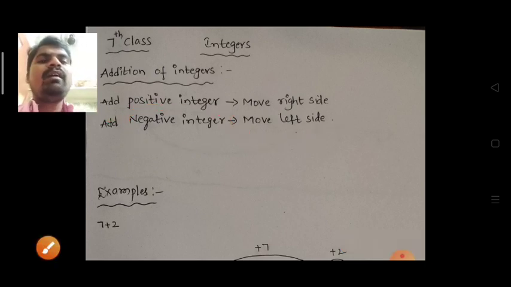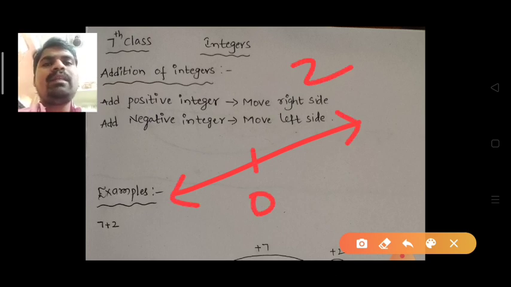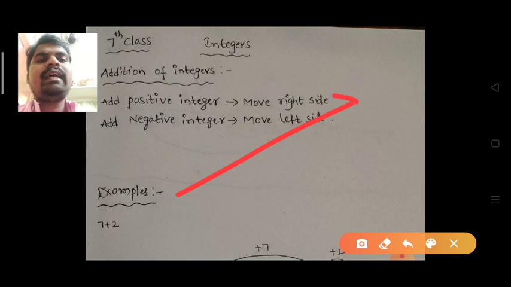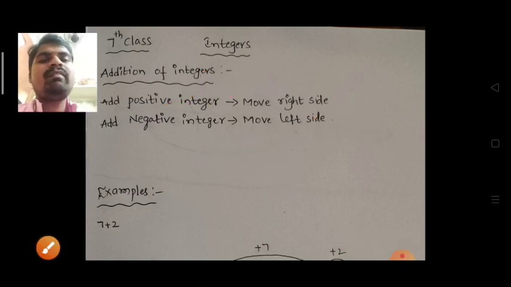For example, here one number line is there, here middle 0 is there. I want to add 2. 2 is positive, so you have to move right side of the number line. If you want to add minus 2, you should move left side of the number line, like that, left side. So this is the process, very important.